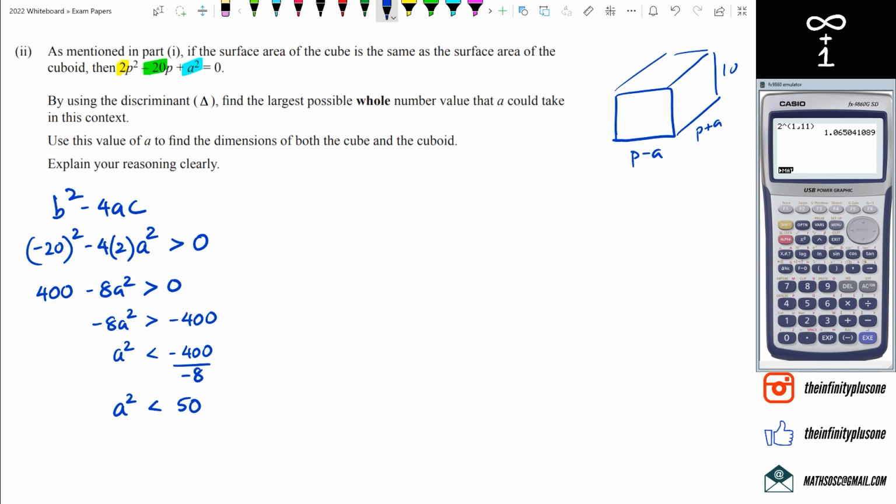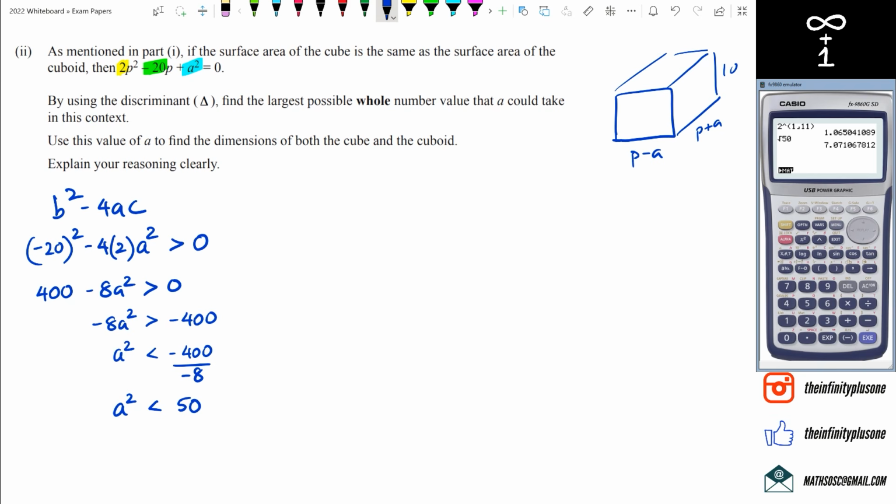Okay, so with that in mind, a squared has got to be less than 50. What do we get? Square root of 50, what is it going to give me? 7 point something. So we're going to go with 7.1. Now, it's a whole number, so we don't have to worry about a being negative, although you could get negative. Normally you'd say the a value, for a squared less than 50, is between negative 7.1 and 7.1.